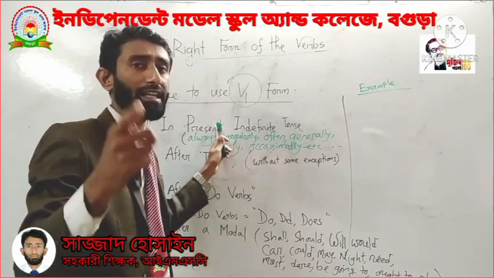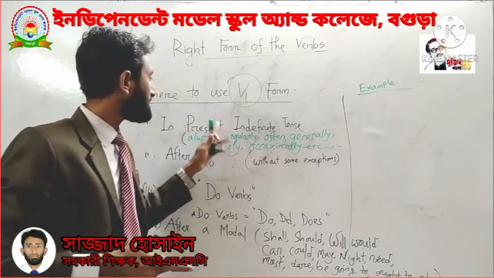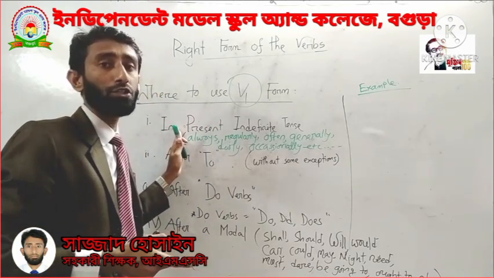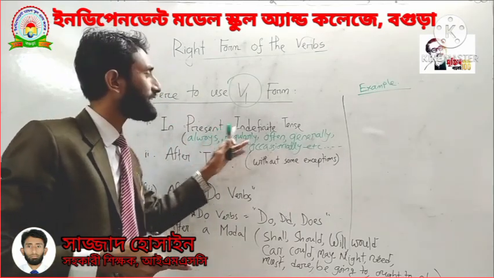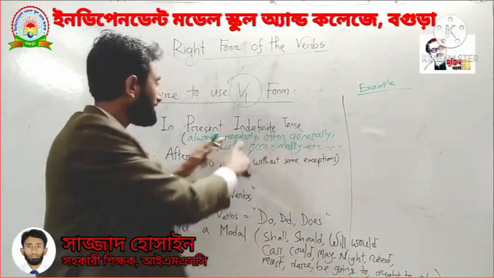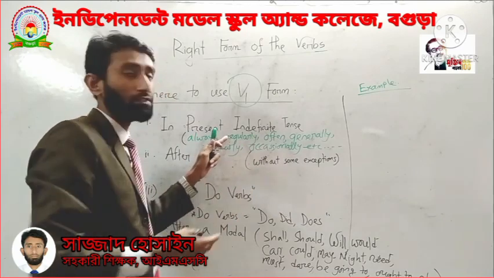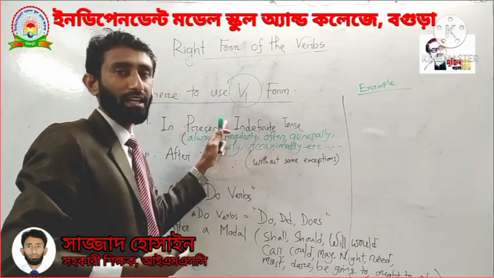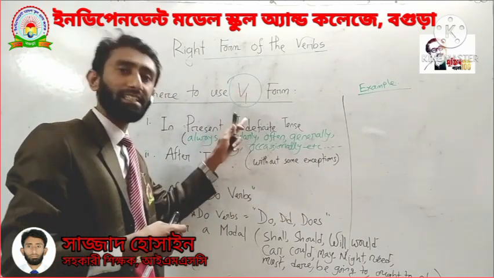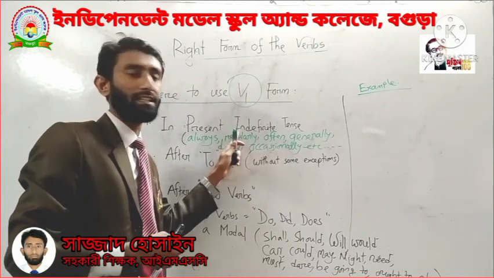And you already know that the V1 form of a verb should be used in present indefinite tense. This is the criterion that makes you understand that the sentence will be present indefinite.